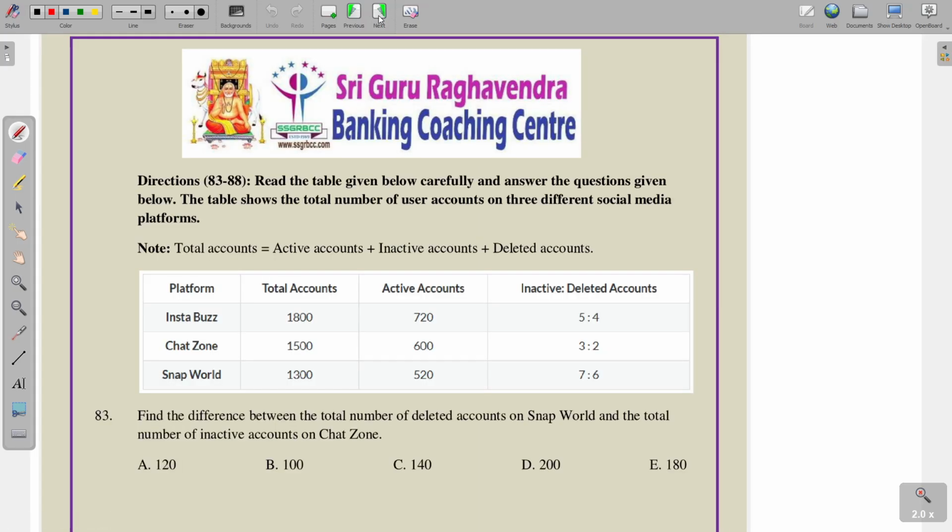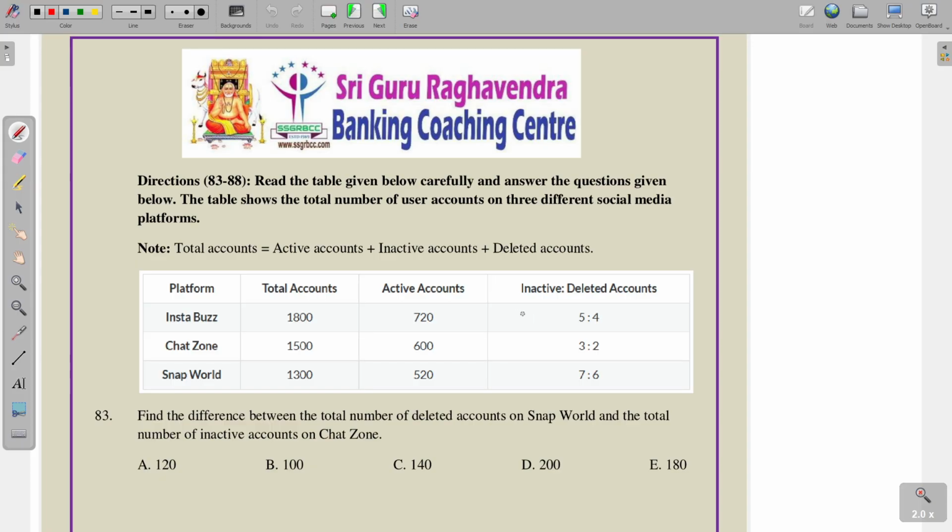Next question, from this first you have to calculate the total accounts, active accounts, inactive and deleted accounts. In that inactive and deleted accounts, in that total account, first subtract the active accounts. After that, remaining accounts are divided into these ratios, inactive and delete.